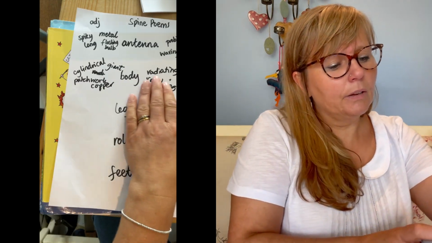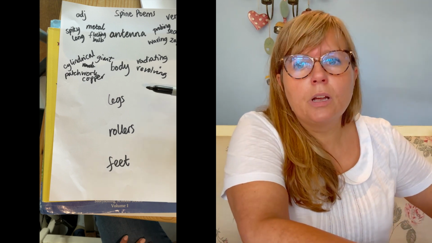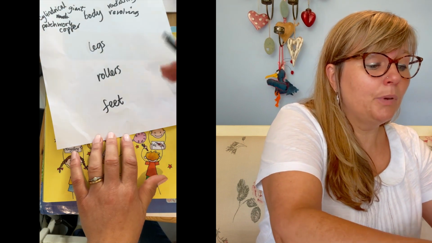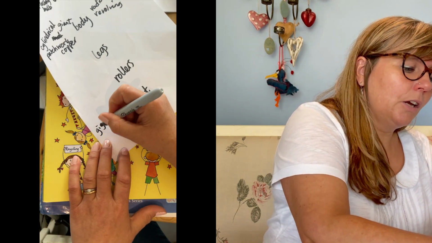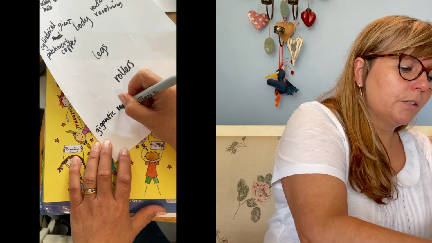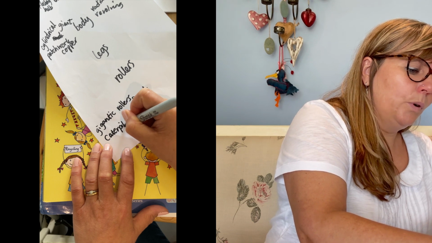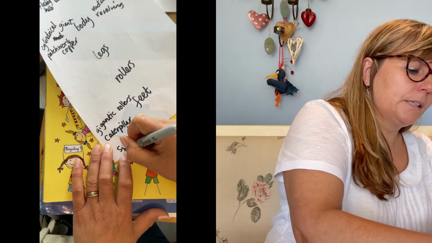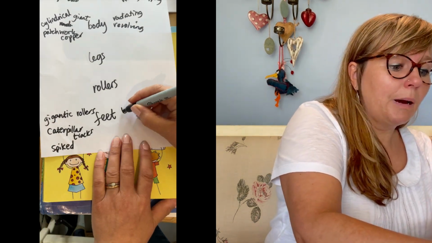Okay, and in that way I can come up with the second line, the third line, and we did this in class, and each time we went down we tried to make it scarier, so that by the time it was at the feet, they had gigantic rollers, we had caterpillar tracks, we had spiked, and then we had it trampling.